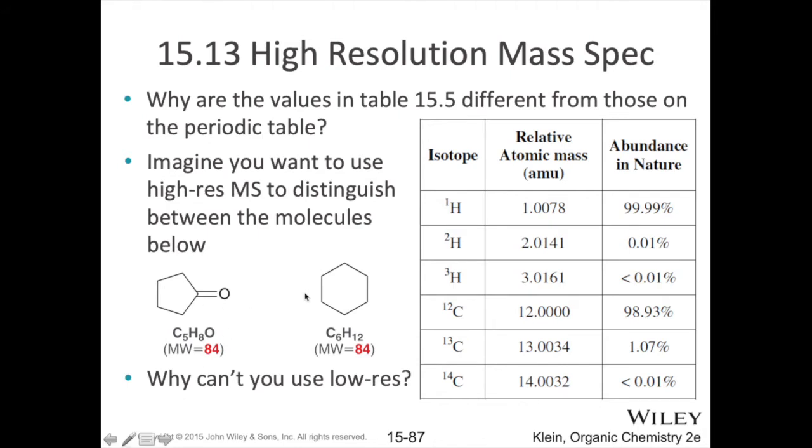So if you looked at the parent ions for these with low-res mass spec, you would see parent ions at about 84. Okay, and both these molecules wouldn't really fragment very much, and if they did, they'd probably have similar types of fragments forming. So a low-res mass spec doesn't tell you a lot. However, carbon and oxygen have different masses once you get down to 4 decimal places. So you could really distinguish between your two parent ions once you get down to that level.